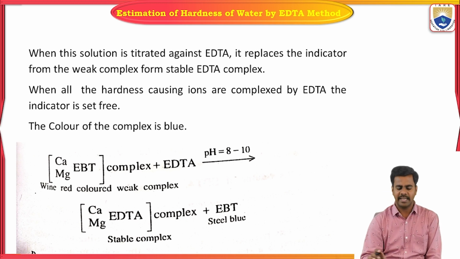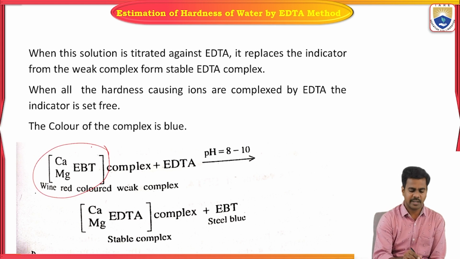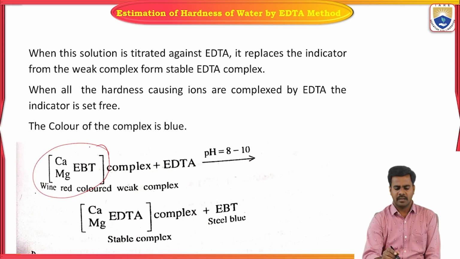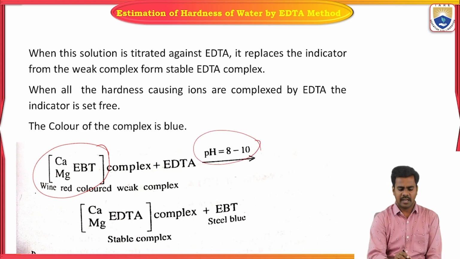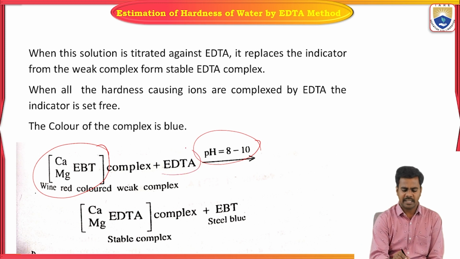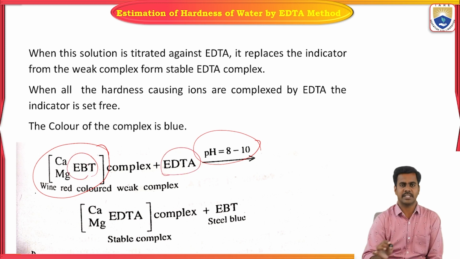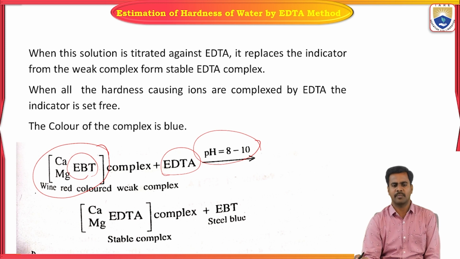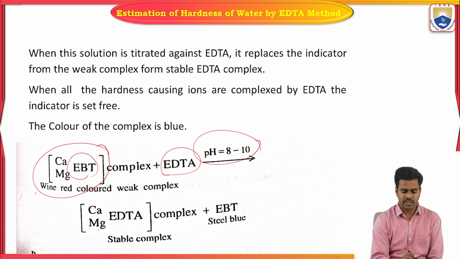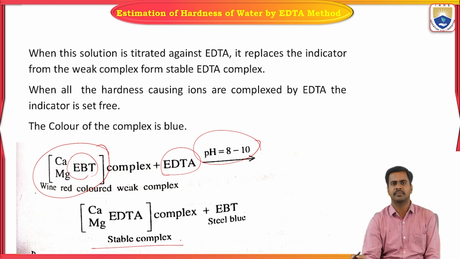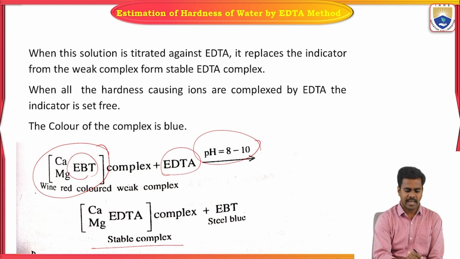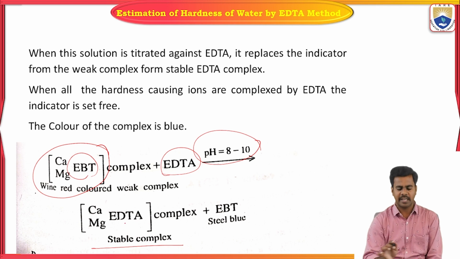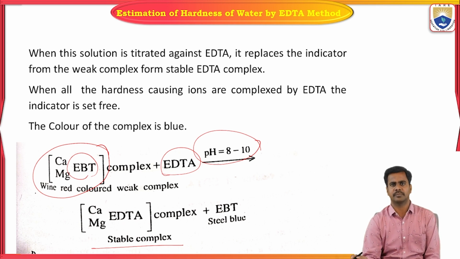When you add EDTA to the calcium EBT complex at pH 8 to 10, the EBT present in the complex is replaced by EDTA and then forms the calcium magnesium EDTA complex. It is a stable complex. When compared with the calcium EBT complex, the calcium EDTA complex is more stable.